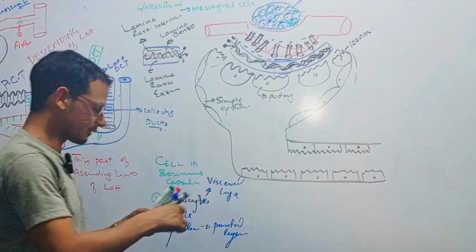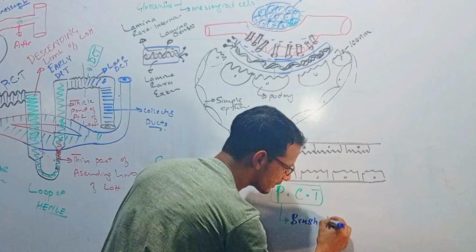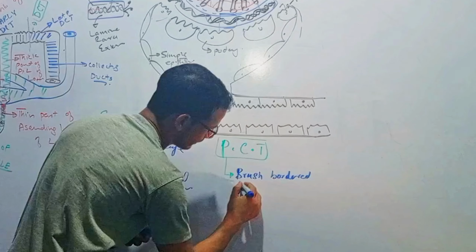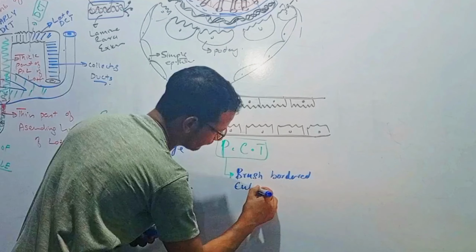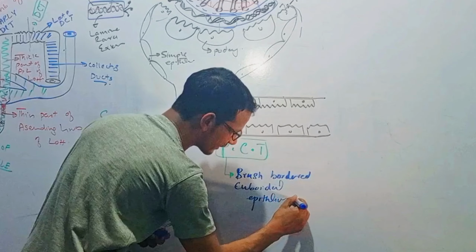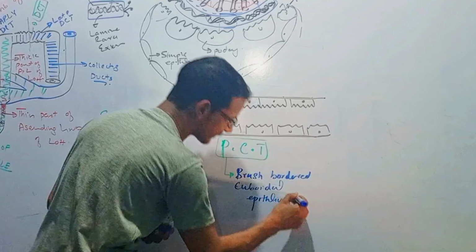So this proximal convoluted tubules have which type of cells? Brush bordered cuboidal epithelium.